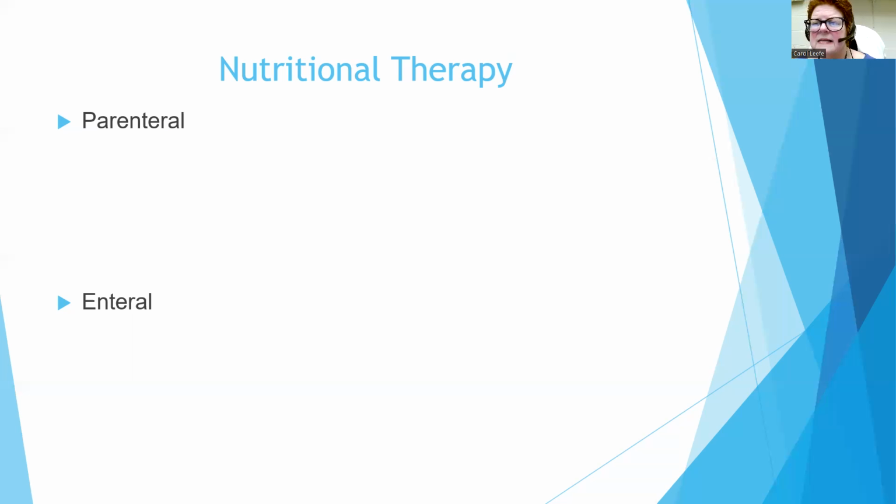We're also going to assess hydration status. Hydration status is most accurately measured from weighing them every day, in the morning, after they void, same scale, same clothes. Very important.